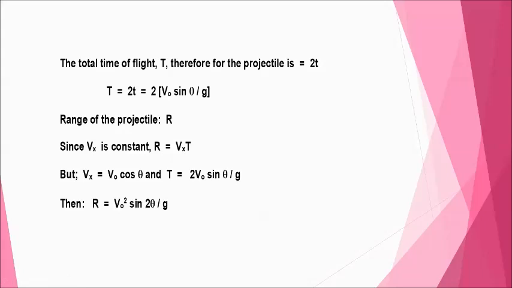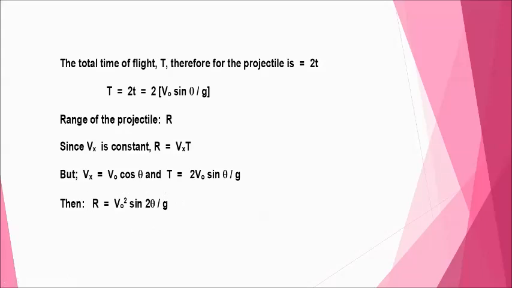So the velocity here must be the horizontal aspect of the projectile, which is v sub o cosine theta, and then the total time of flight is 2v sub o sine theta over g. And when we substitute these values here, we get this.